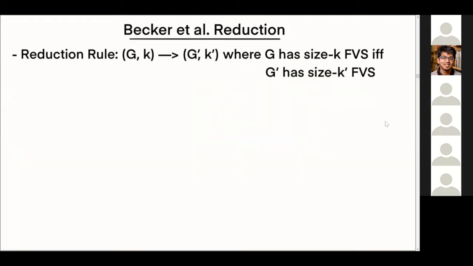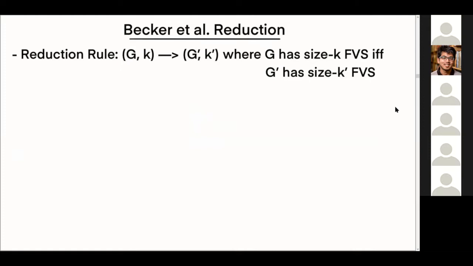Before we proceed with our algorithm, let's first go over the Becker algorithm reduction, which gives us this 4 to the k running time. Our algorithm will build upon theirs.